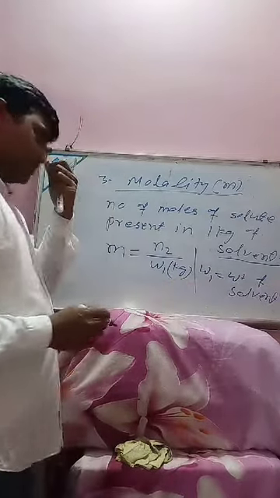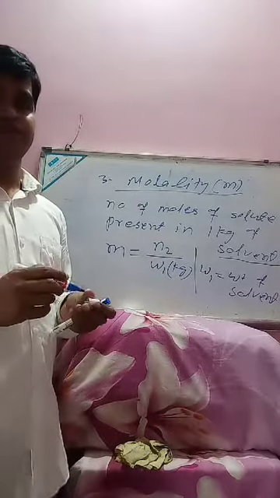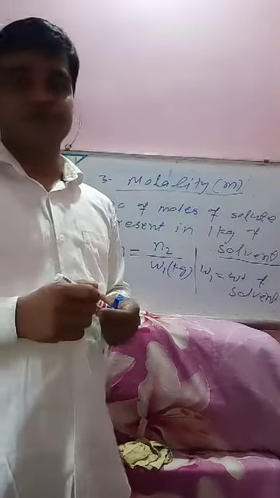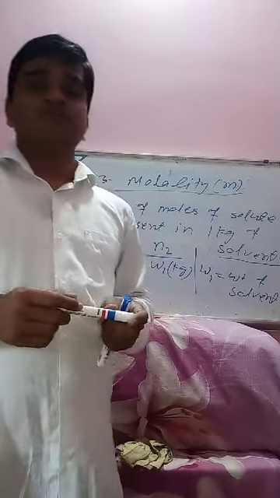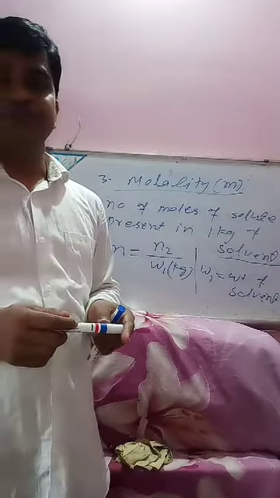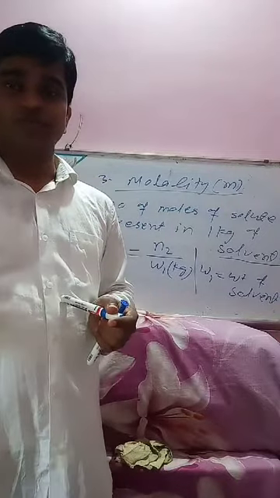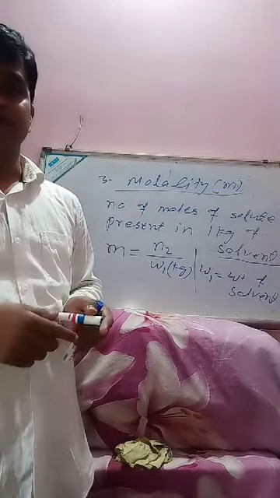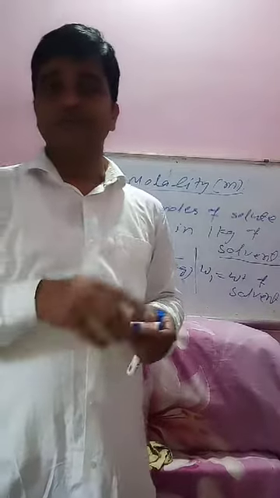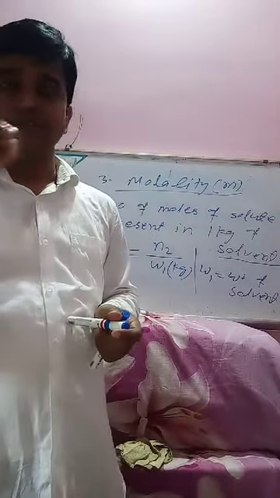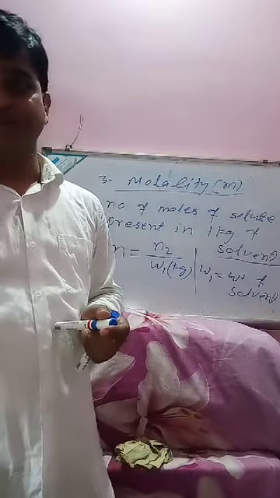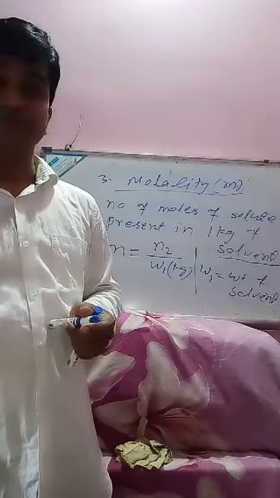Okay. So if in 5 kg of a solvent 20 moles of a solute is present, then what is the molality? In 5 kg it is 20 moles. In 1 kg it is 20 by 5, that is 4 moles per kg.